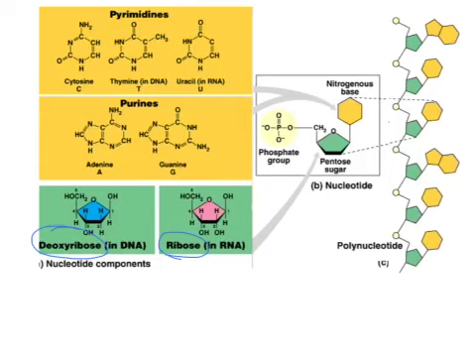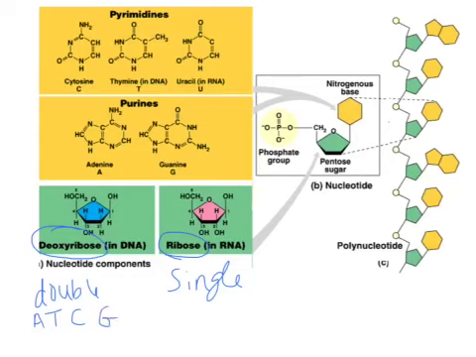Remember, DNA is going to be double-stranded, while RNA will be single-stranded. The nitrogen bases that are in DNA, remember, DNA has adenine, thymine, cytosine, and guanine, whereas RNA has adenine, uracil, cytosine, and guanine.